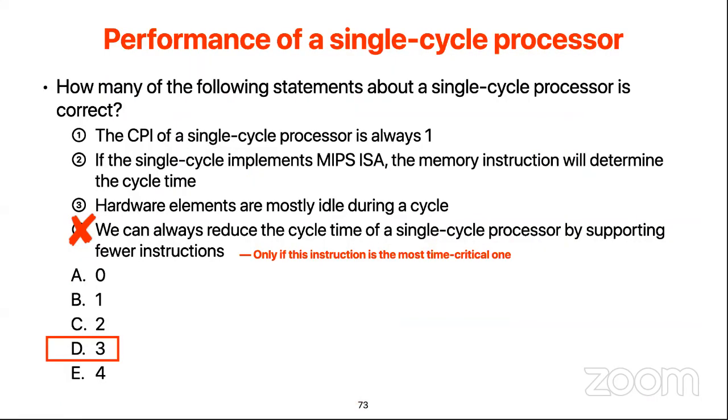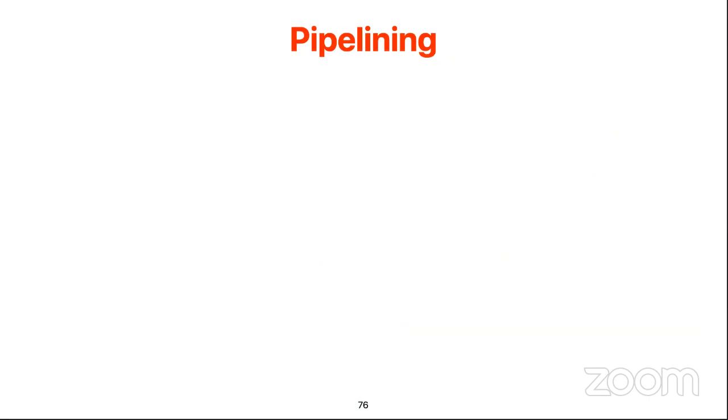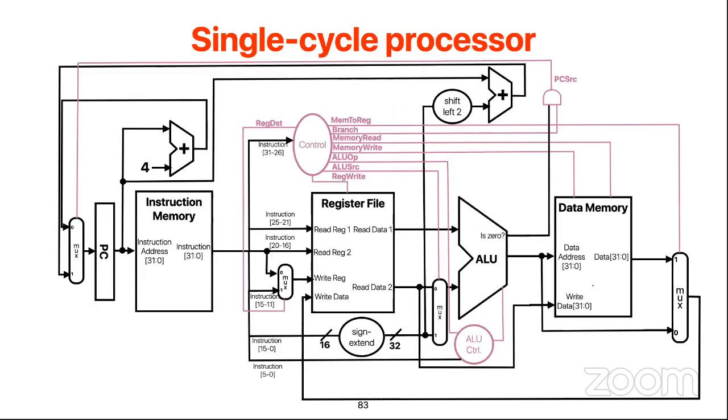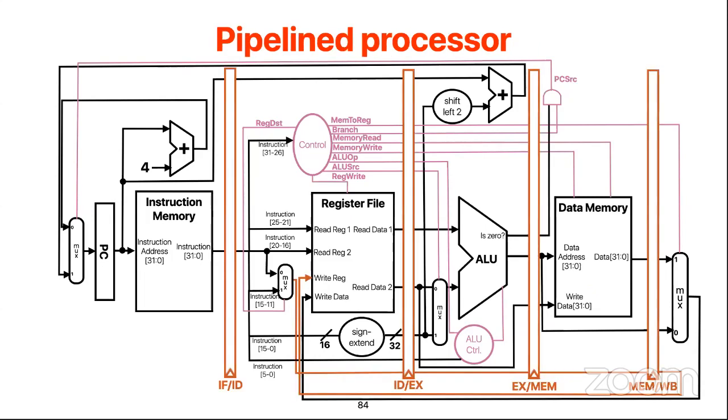So when we partition your processor with pipelining, you will know why I say that. If it's a branch instruction, the outcome has to wait until the end of the execution stage, because the branch target PC is calculated here, right?